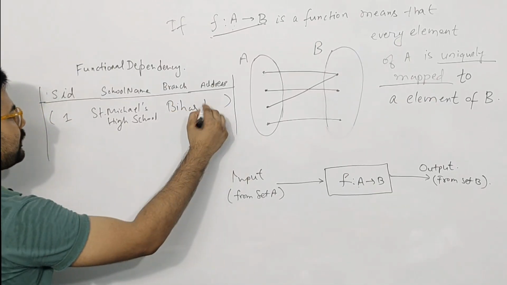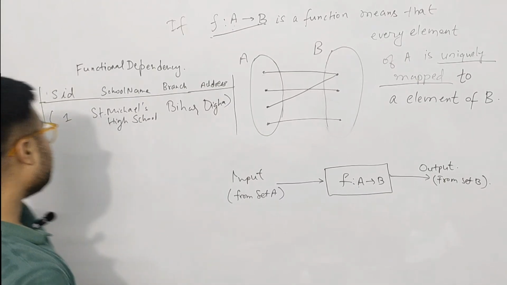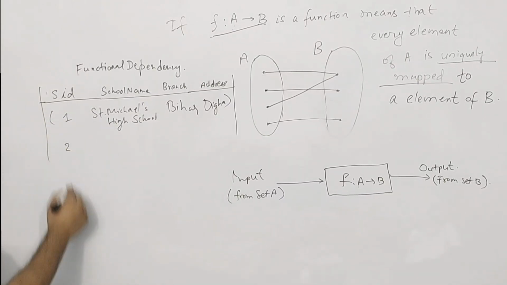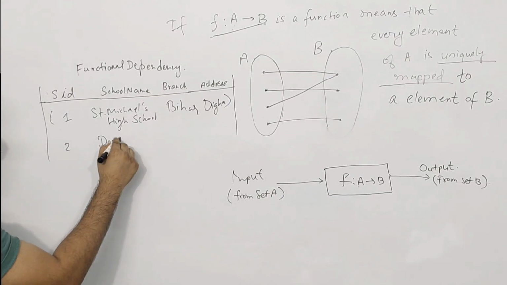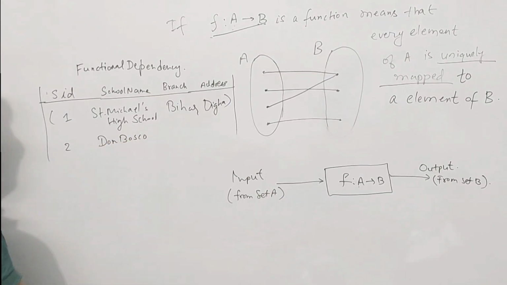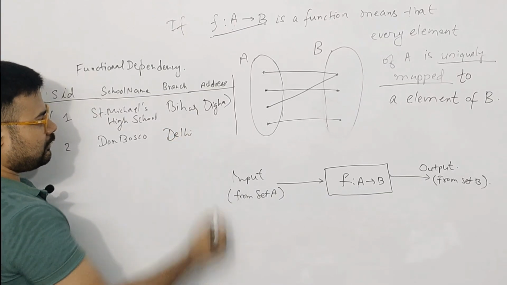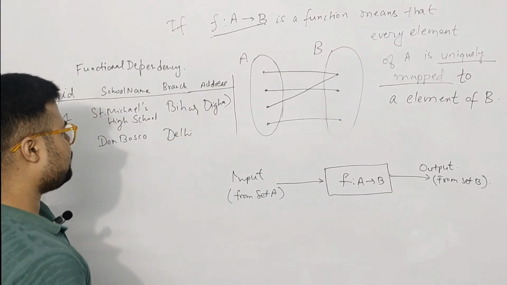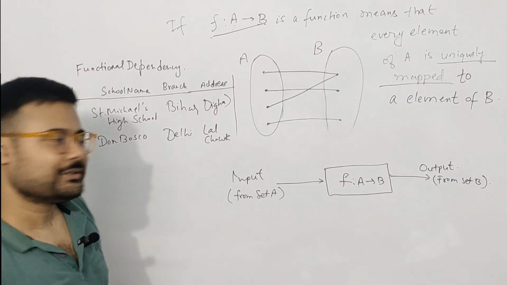And then there's going to be some address, say Digha. And then there is another school which is Don Bosco, branch Delhi, and address, I don't know if there is such a place or not.